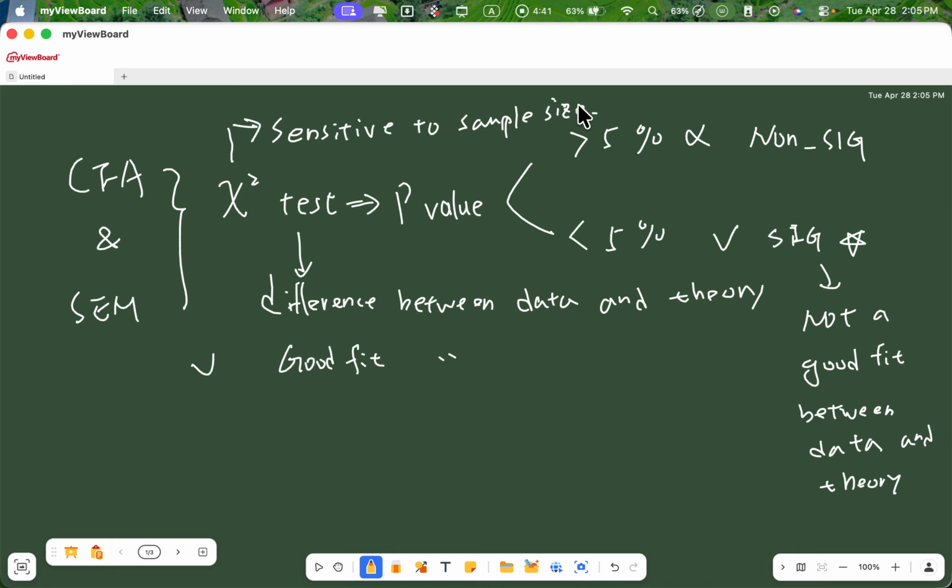But don't worry, because of this kind of result, researchers not only report the p-value of chi-square, but can also report multiple indexes.